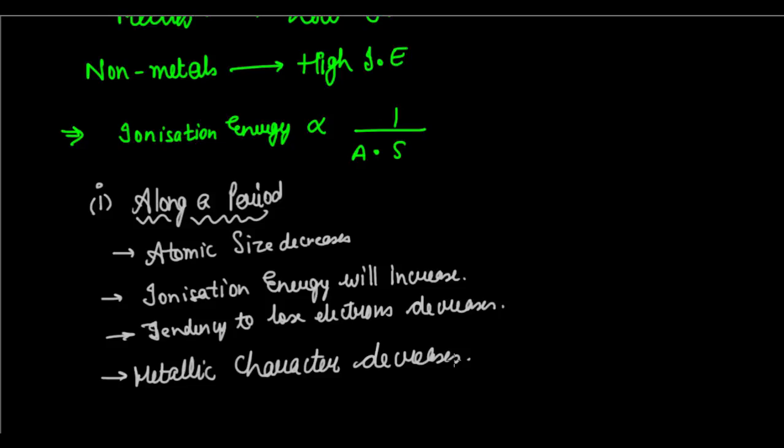And if you lose electrons easily, that means you have a high metallic character. But if you lose electrons less easily, then you have a lower metallic character, or you may have a high non-metallic character, because non-metals have a tendency to gain electrons and a very low tendency to lose electrons. So along a period, your tendency to lose electrons decreases and hence your metallic character decreases.